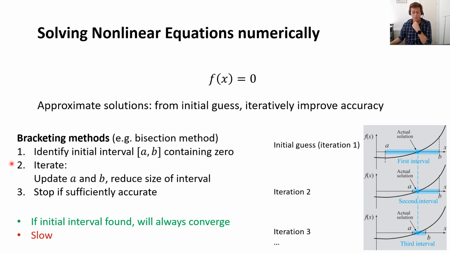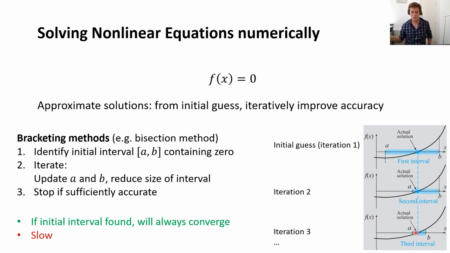As a next step, we start our iterative scheme, and we want to update a and b in order to reduce the size of the interval in which the 0 lies. By reducing this size, we start closing in on the 0. So a and b are known, and through iterations, we iteratively reduce the size of this interval, and we get closer and closer to this blue dot over here, which would be the actual solution, which is not known.